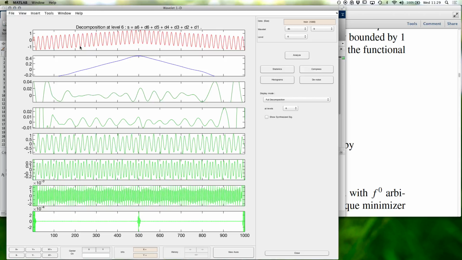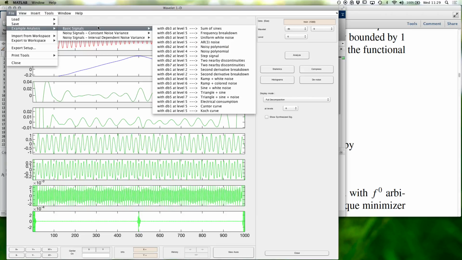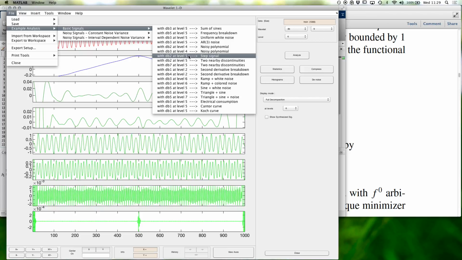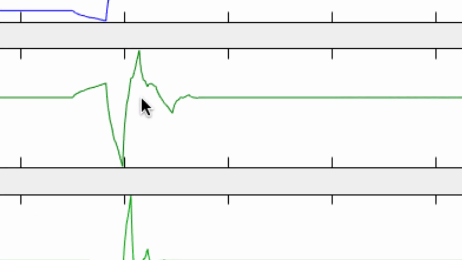Okay, so I really don't know how clear this might be at this moment, but the basic idea anyway is, here we see, when I take the step signal, just to show you what the mother wavelets look like. In this case, the mother wavelet looks like this.